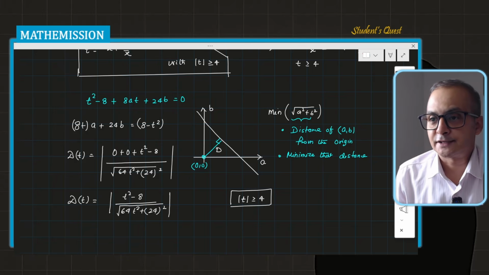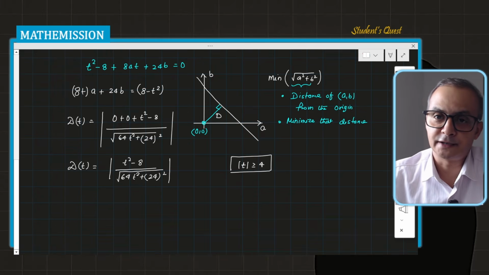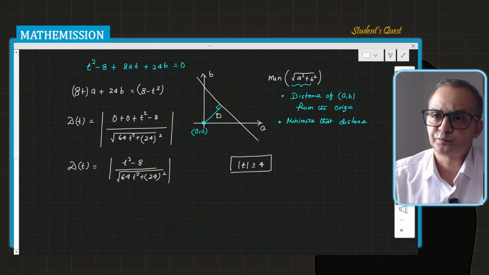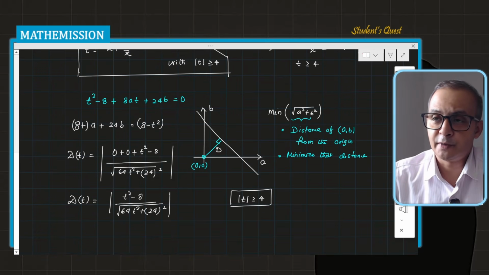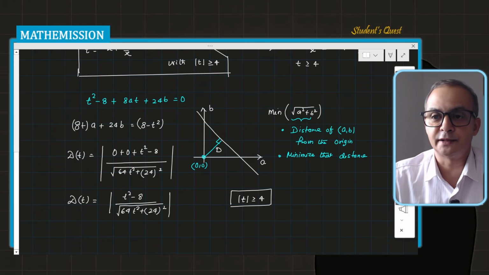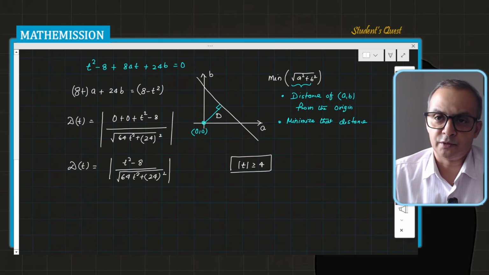So can we just see at what point this d(t) will become minimum? Because when d(t) will be minimum, of course, root of a squared plus b squared is minimum, and then the reciprocal of that will be maximum. So at what point will this d be minimum?